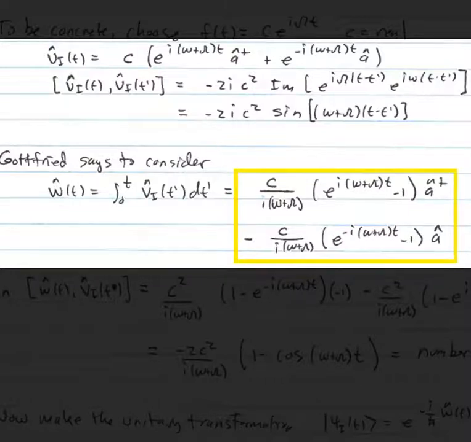In this particular case, what we'll get is c over i(ω+Ω) multiplied by (e^{i(ω+Ω)t} - 1) multiplied by a dagger. And the coefficient of the a term is the complex conjugate of that, so it's going to be -c over i(ω+Ω) times (e^{-i(ω+Ω)t} - 1).